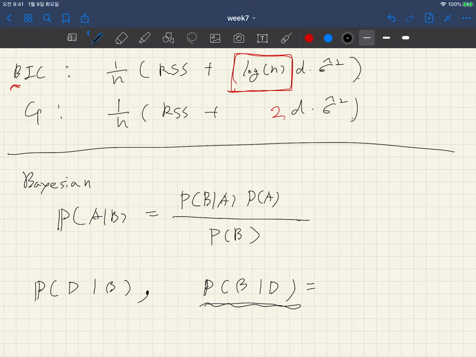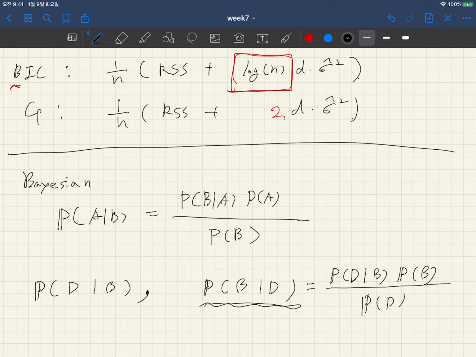From the Bayesian rule, we can rewrite this conditional distribution as probability of data given parameter or model, times probability of your parameter, over probability of data. This is extremely difficult to compute. So instead of calculating this value, we usually use this simple trick.